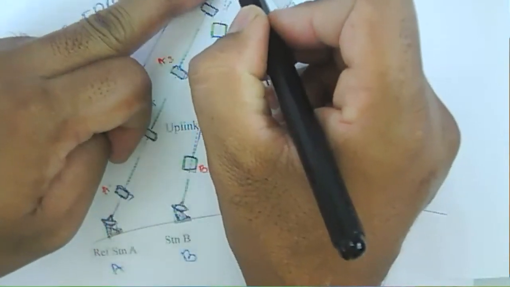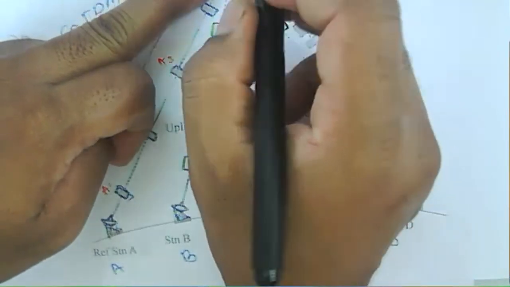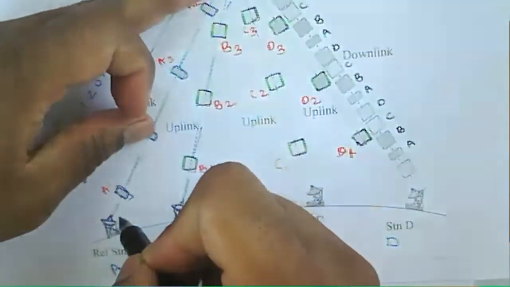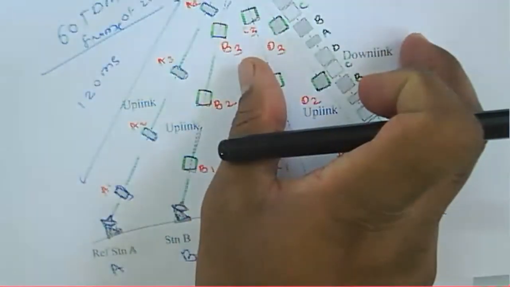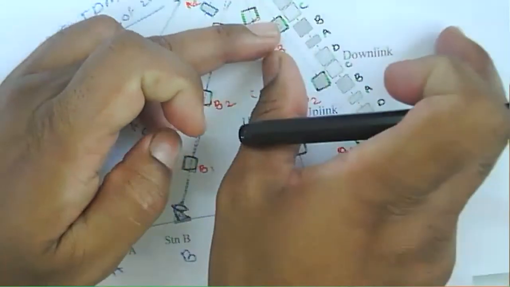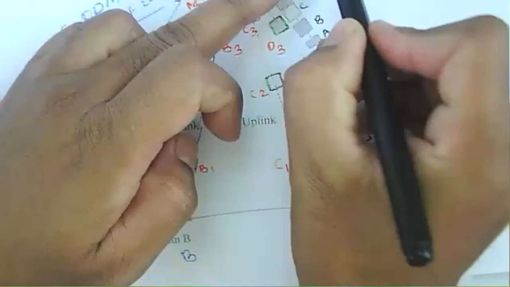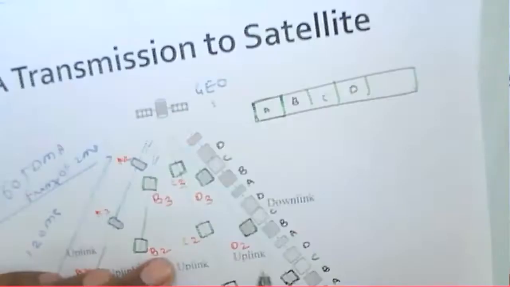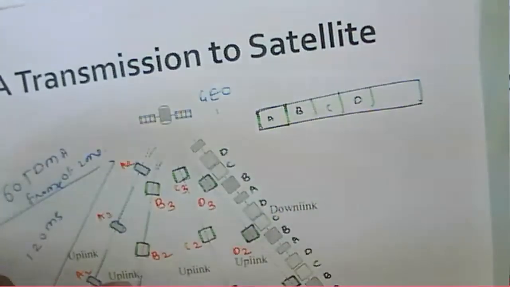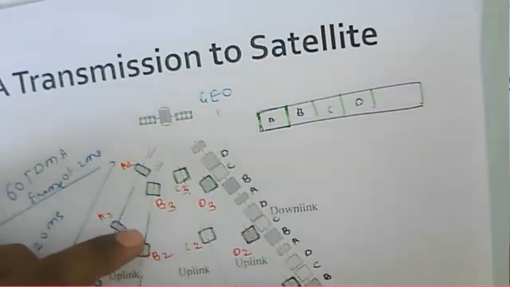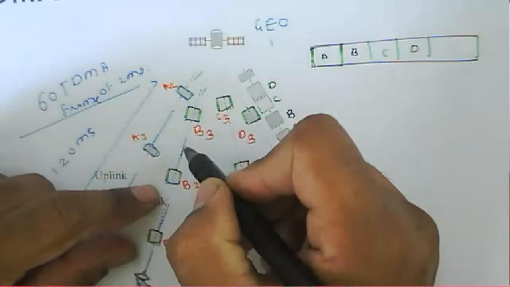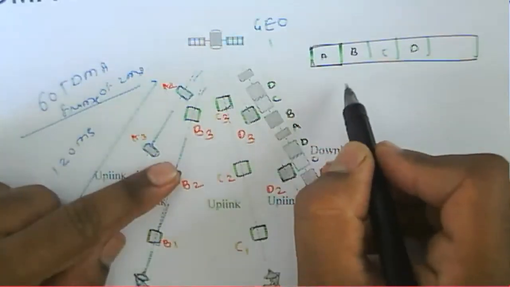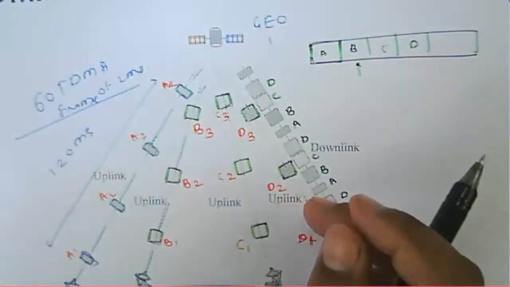so that in that particular frame they get a precise time or a precise location. Okay, so likewise, suppose B is transmitting, so B should know what will be the delay, what will be the range, and what will be the position in that frame, or the location and time at which that data is to be reached.